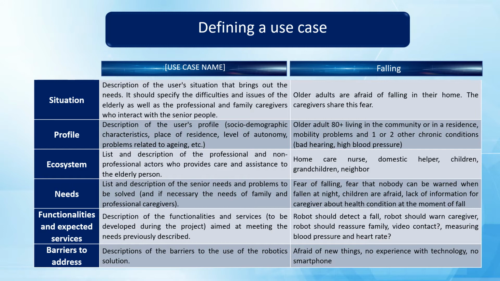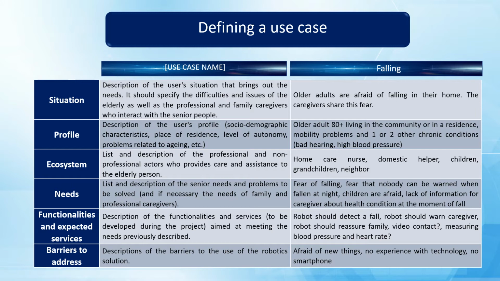The profile would be, for example, older adults 80 plus that live in a community or in a residence that have mobility problems, but maybe also some other chronic conditions, for example, high blood pressure. The ecosystem around such older adults would usually be a home care nurse, a domestic helper, of course children and grandchildren, and maybe also contact with neighbors.